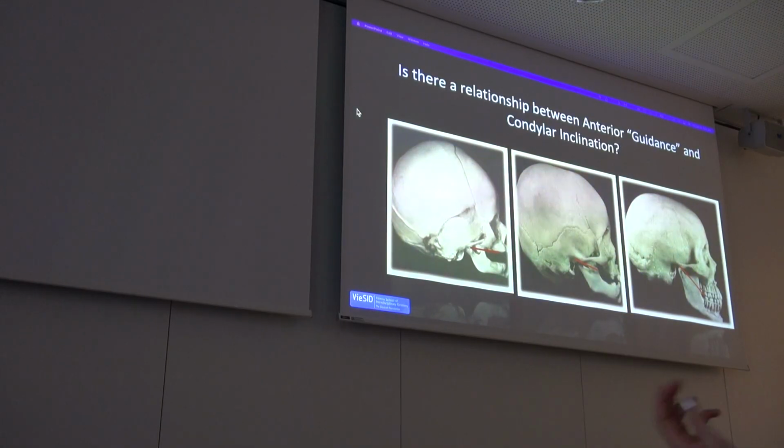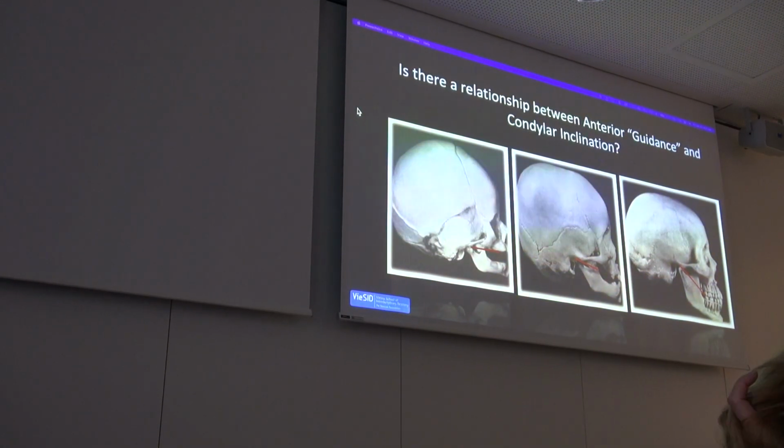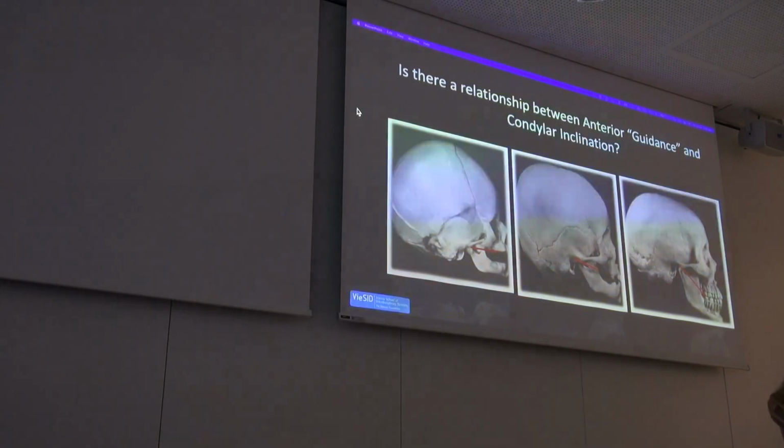So do the teeth create this? Certainly they have an effect. So if growth and development creates part of our joint, it's logical to think backwards and say there must be a relationship between the anterior teeth and condylar pathways.